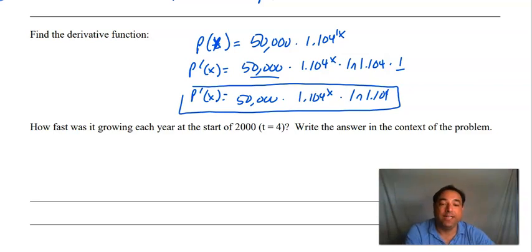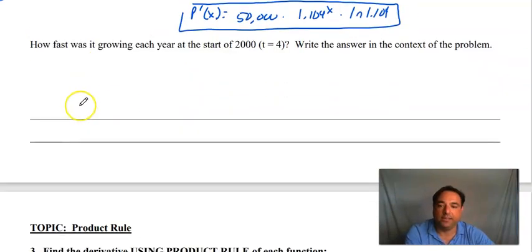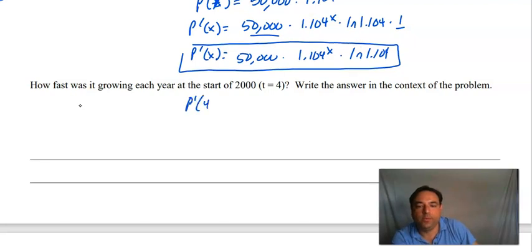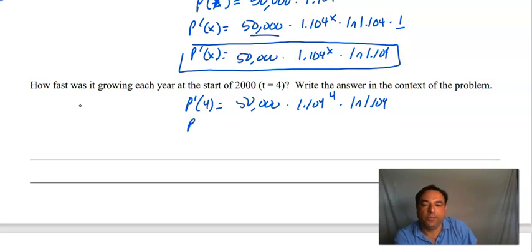Now we're going to plug 4 into the derivative and figure out what that is. So P derivative of 4 equals 50,000 times 1.104 raised to the 4 times ln of 1.104. I'm going to just put that in the calculator, and then we'll do it in the table as well.